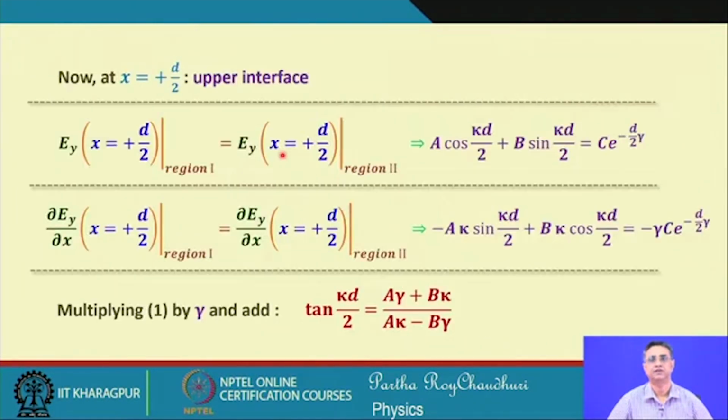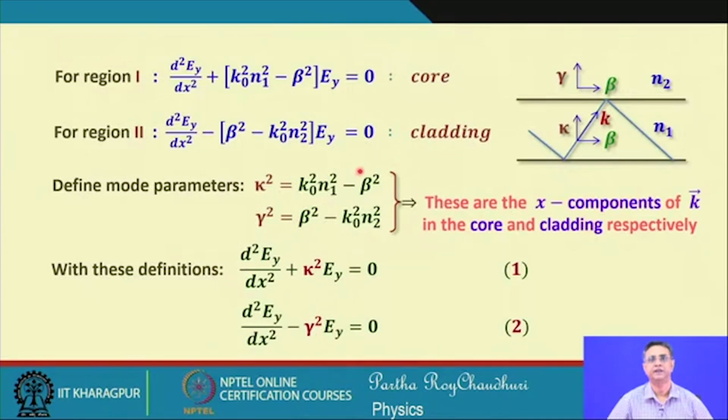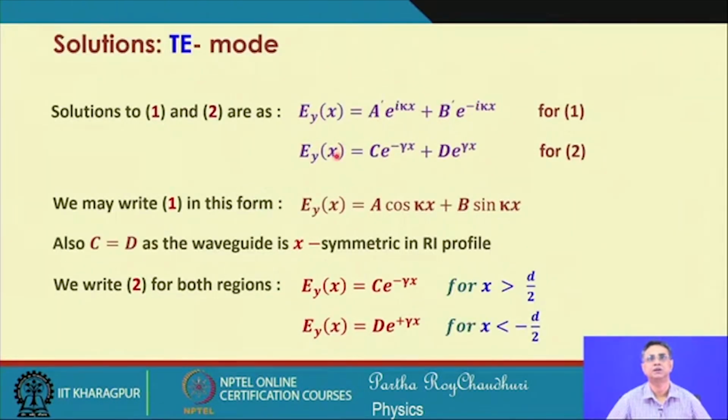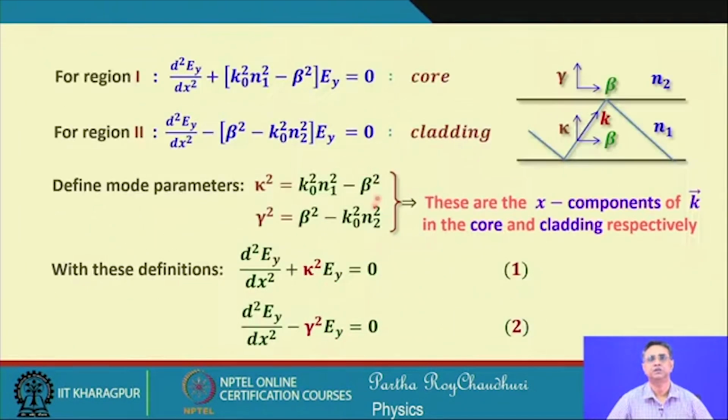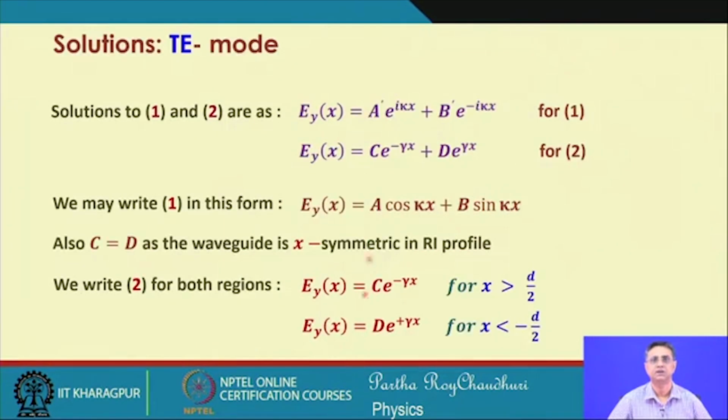For the cladding region, this equation will give you an exponentially decaying solution, because you have a minus here. This equation is also very well known in physics. So, these two equations put together will give me the complete field solutions in the core and cladding of the symmetric refractive index dielectric waveguide.